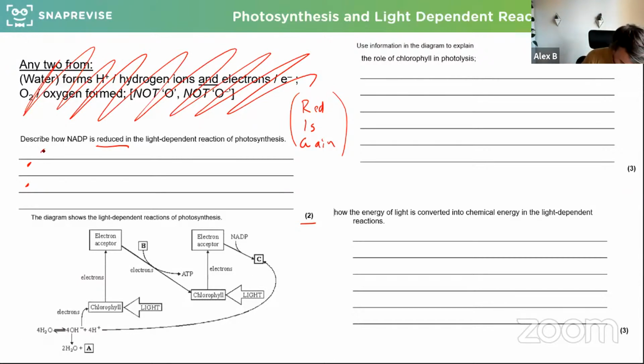Yeah, so it accepts electrons, accepts H plus, or gains. You could say either. Each of those is worth a mark. So actually quite easy to get two marks for that.